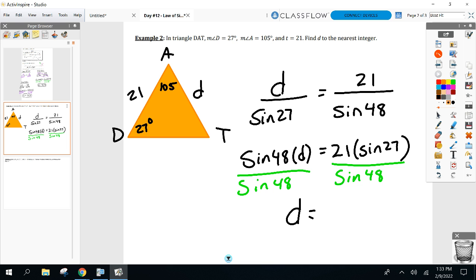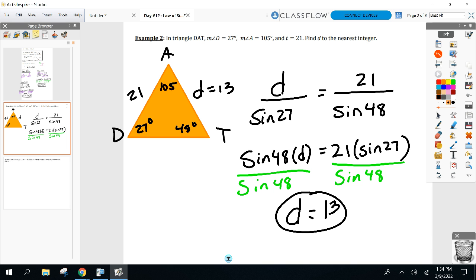And that side's going to be 13. Quick check. Does that seem right? Those values in those positions? 27's across from 13. 48's bigger, and it's across from the bigger side. Yep. Looks good. You guys have any questions?